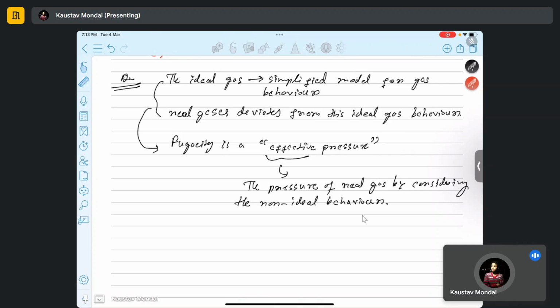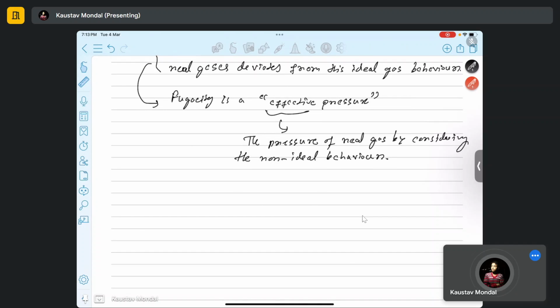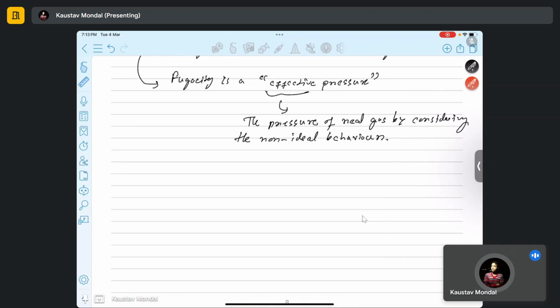Okay, now for our problem, this fugacity coefficient. So what is a fugacity coefficient?